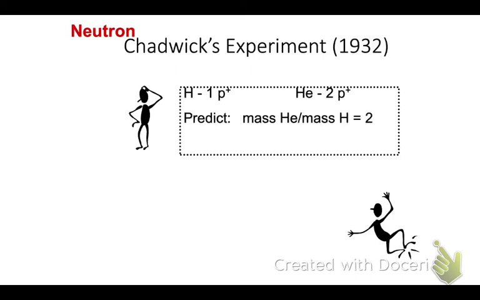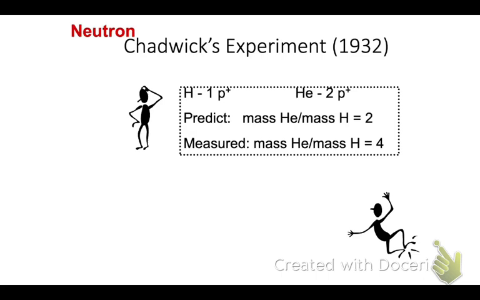So they predicted that if they measured the mass ratio between the helium atom and the hydrogen atom, that ratio should be 2, because it's 2 to 1. However, the measurement showed that helium over hydrogen mass gives a ratio of 4, which means helium is 4 times heavier than hydrogen.